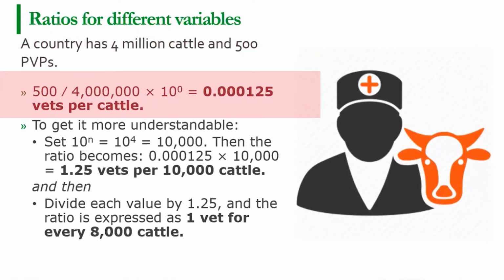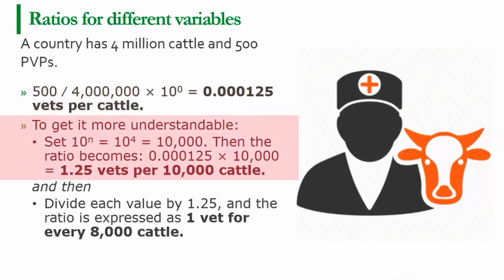I mean, that's correct, but the problem is it's not very understandable. So to make it more understandable, we use a multiplier, in this case 10,000, and then the ratio becomes 1.2 vets per 10,000 cattle. And this is much better compared to the first simple mathematical relation.